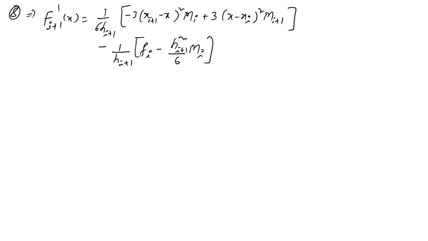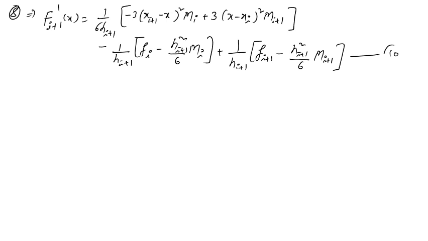This is x derivative 1, the remaining quotient as usual. Here also x derivative 1, the remaining quotient is fi plus 1 minus hi plus 1 square by 6 mi plus 1. You have to practice this actually.